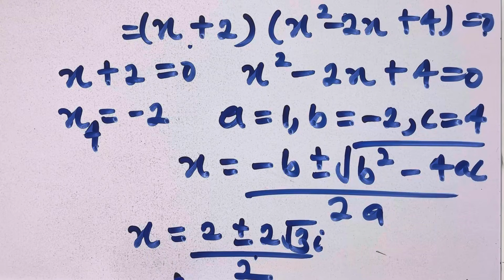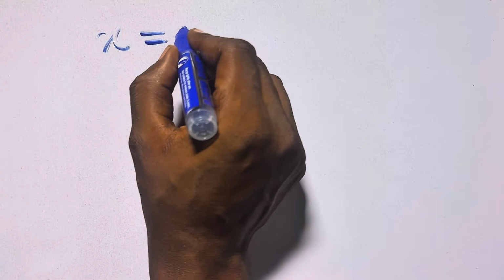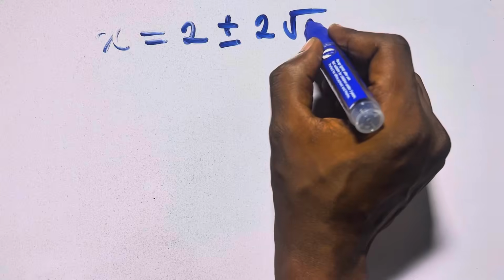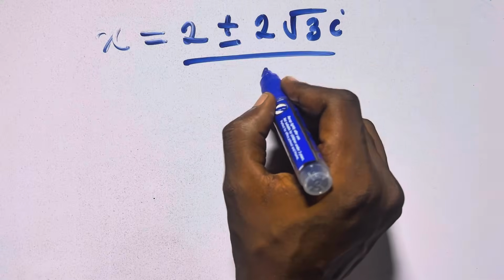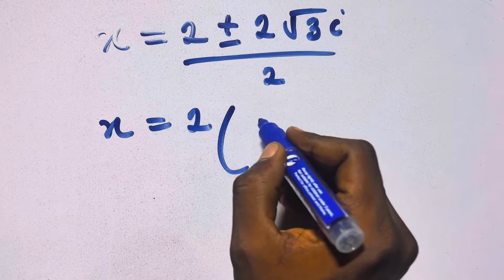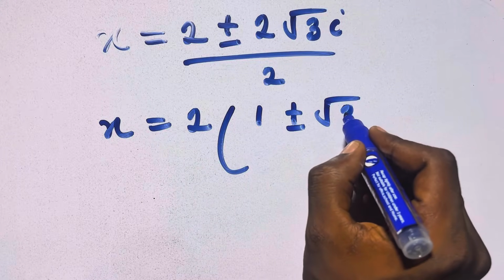And remember we have two solutions here. So this one is x4, this one will be x5 and x6. So we've gotten our 6 solutions. So let me list them out. The final x we have is x equals 2 plus or minus 2 root 3i divided by 2. So we can actually factorize 2 out here.